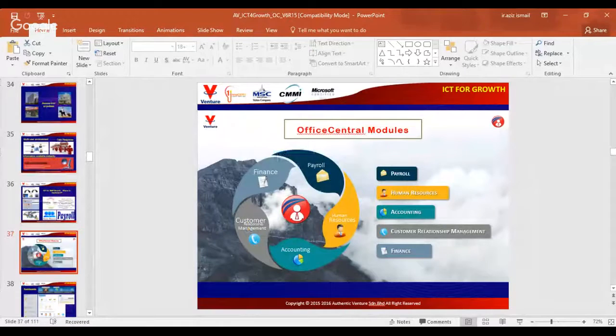Payroll, human resource, accounting, customer relationship, and distribution, and those more specialized modules. We are going to focus more on how CRM, for example, can help you double your business during this session.